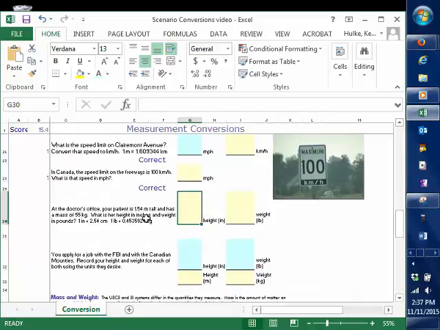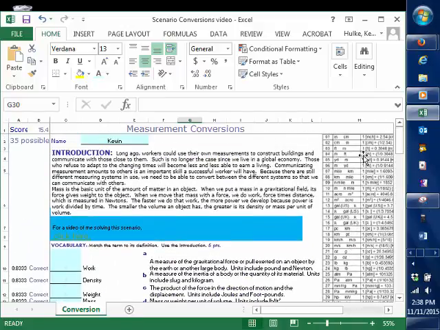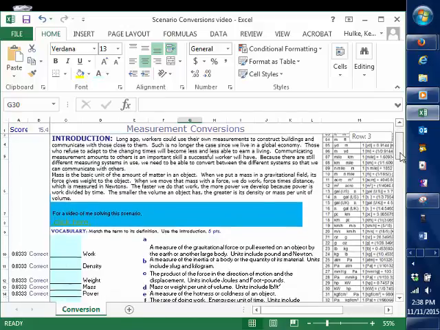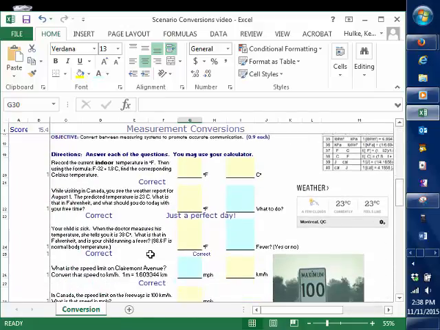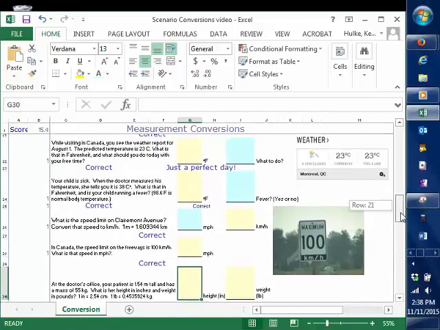Okay, at a doctor's office, your patient is 1.54 meters tall and has a mass of 55 kilograms. We want that height in inches. Well, if you notice here, we can go from meters to feet. We can't go from meters to inches. So let's change that meters into feet first.